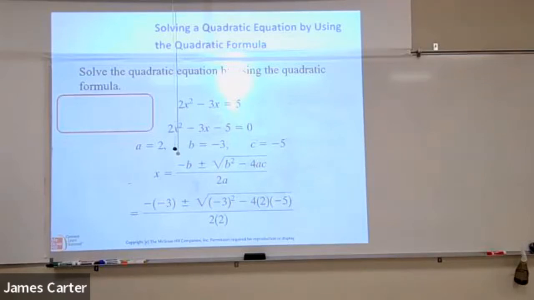Everyone got this far? Does everyone understand where the numbers came from? That's more important. Can't use a calculator, put it away. Or a phone.